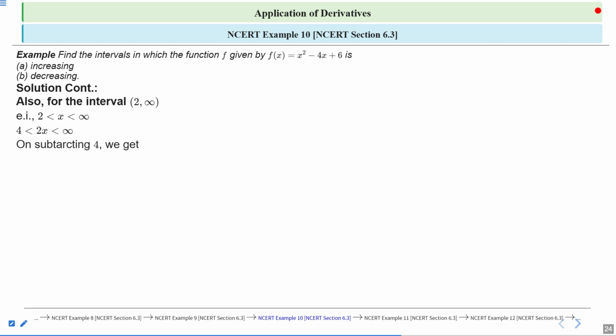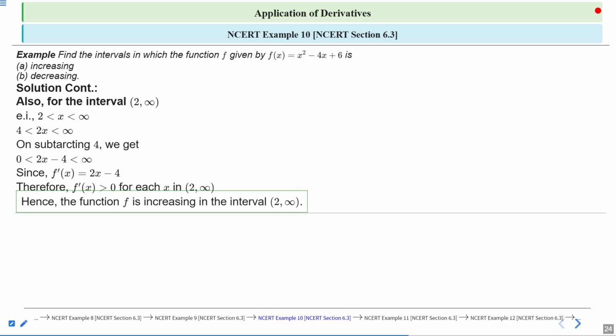On subtracting 4, we will get 2x minus 4 is from 0 to infinity, right? Since f'(x) is equal to 2x minus 4, therefore f'(x) is greater than 0 for each x in 2 to infinity, right? Hence, the function f is increasing in the interval 2 to infinity, okay?